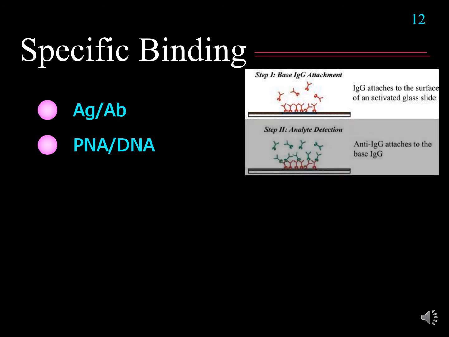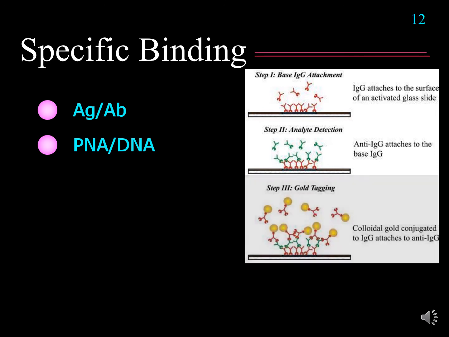So we can construct specific binding of the gold nanoparticles to the target using antigen-antibody chemistry. The first example here on the right, we start from a solid support and then attach the IgG onto the surface. The solid support used here is an activated glass slide.